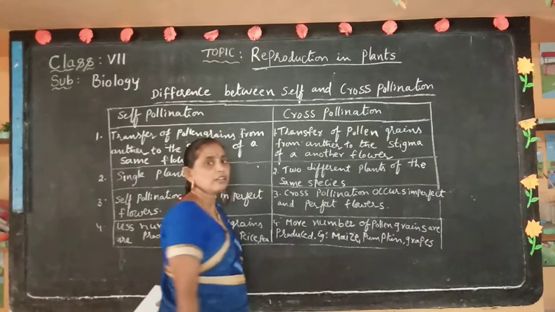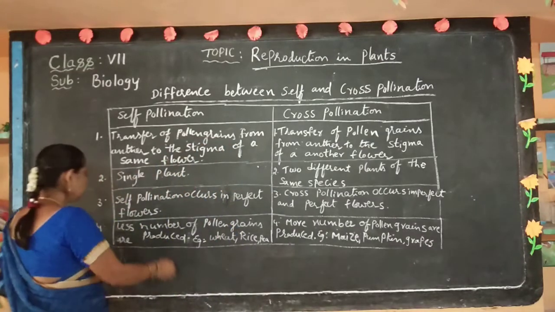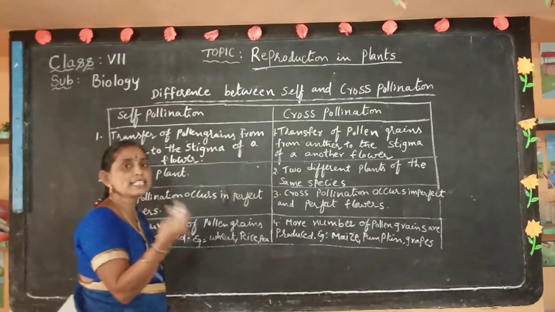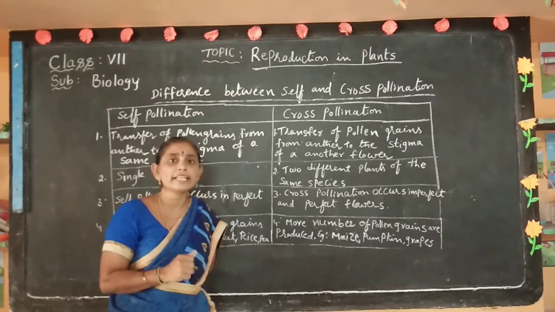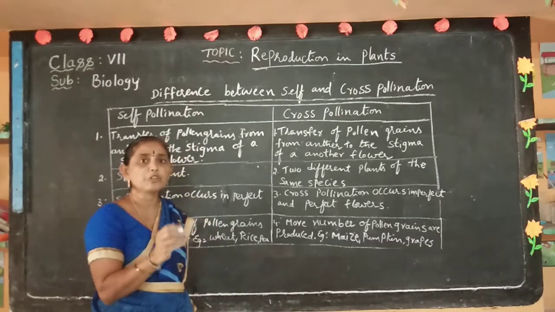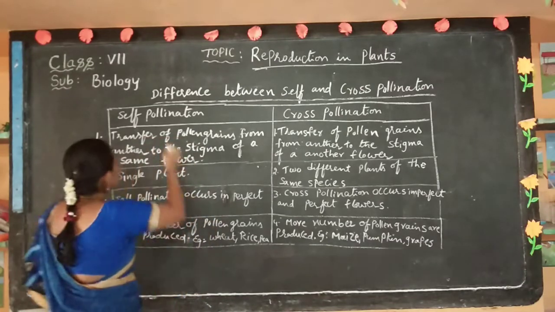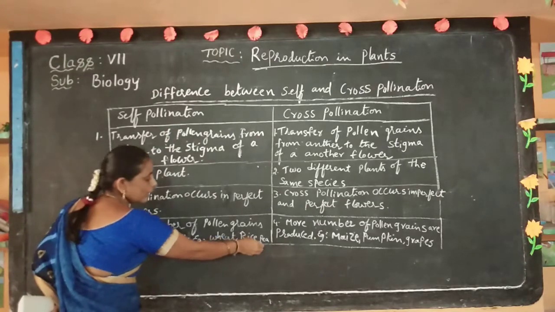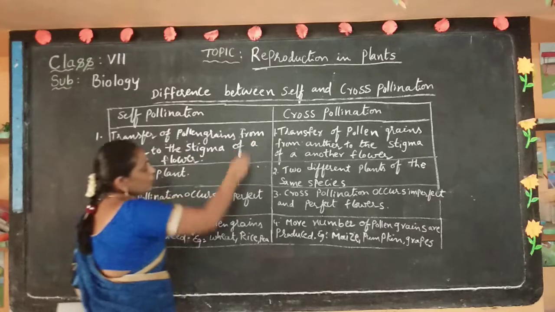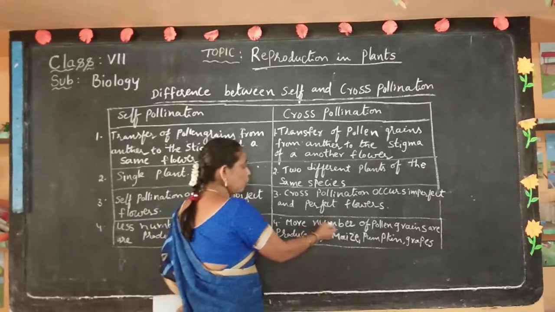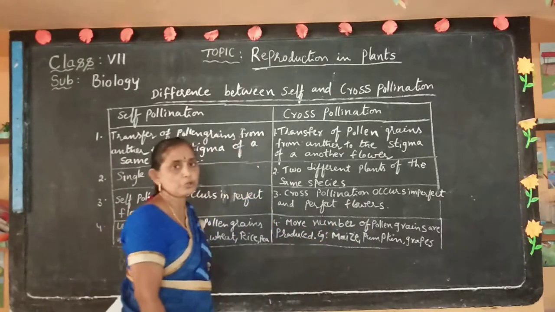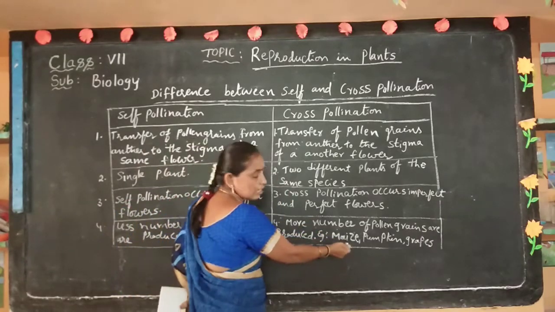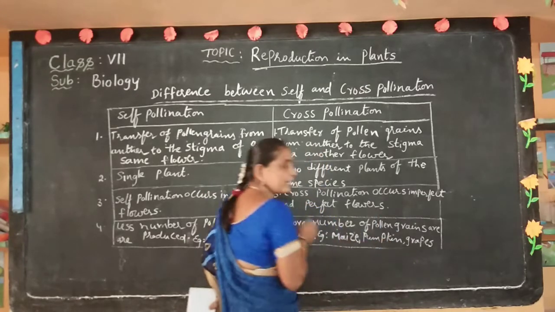Next, in self-pollination fewer pollen grains are produced, very few in number, as in wheat, rice and peas. But in cross-pollination, more pollen grains are produced. A lot of pollen grains are produced by plants such as maize, pumpkin and grapes.